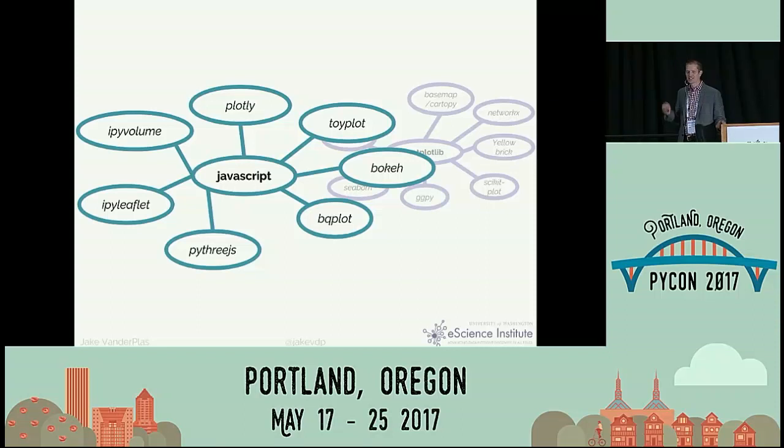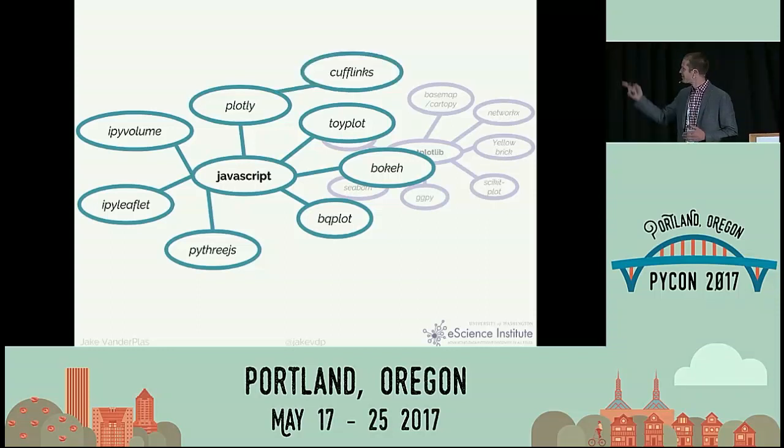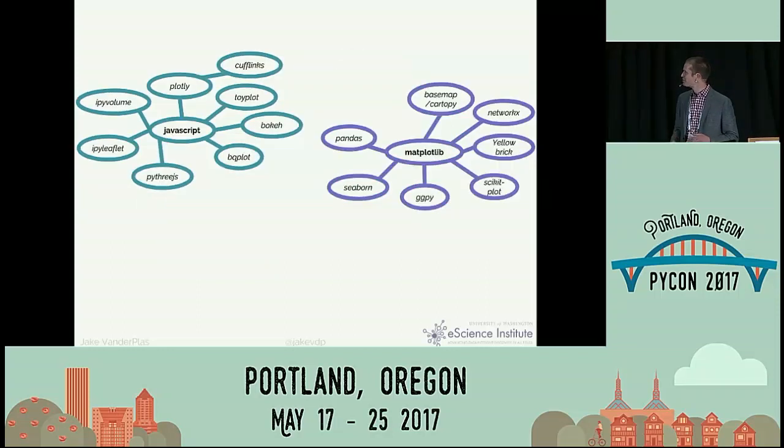And you have things that are tied to the Jupyter Notebook, like IPyVolume, IPyLeaflet, Py3.js. They let you take advantage of different aspects of JavaScript to do interactive visualization in the notebook, which is pretty cool. Cufflinks is built on top of Plotly. So that's the JavaScript cluster of visualization tools.